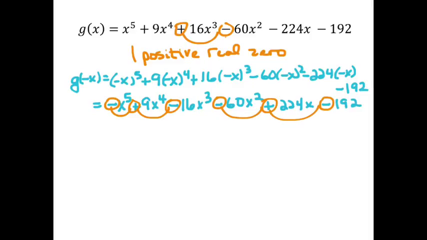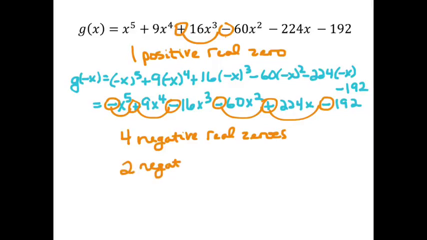So that would imply that we might have 4 negative real zeros, or we might just have 2 negative real zeros, or we might have no negative real zeros at all.